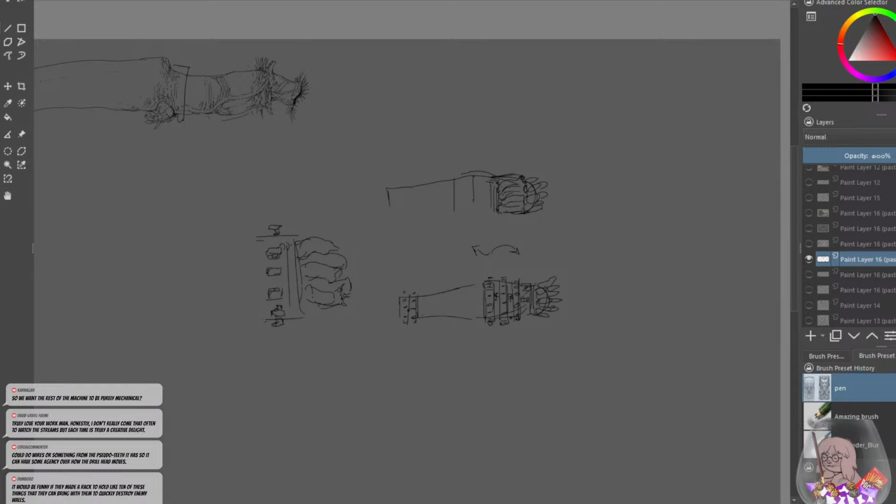Oh shit. Fucking awesome. It's not what I'm looking for, but I accidentally stumbled upon a really cool worm design as well.